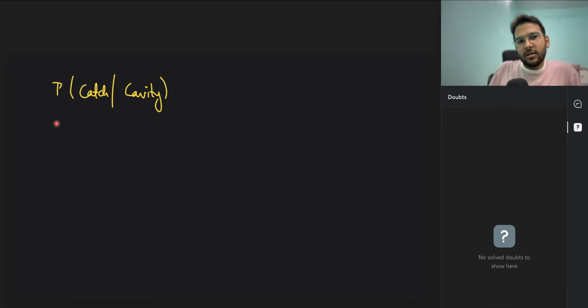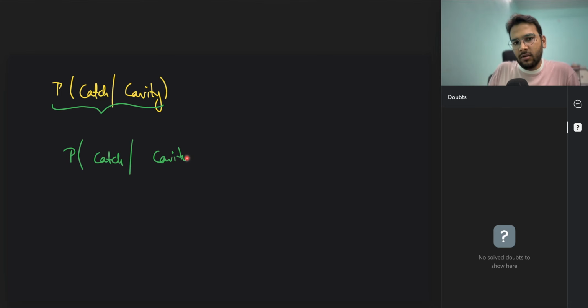Okay, carefully say this. If I'm considering this thing, and if I want to find out what will be the values in the joint distribution table, what I have to store actually. So can I say this thing, I can write like this? What are all the possibilities? You will say, sir, the possibilities are like this, that you can have catch given cavity. This is one possibility. You can have not catch given cavity.